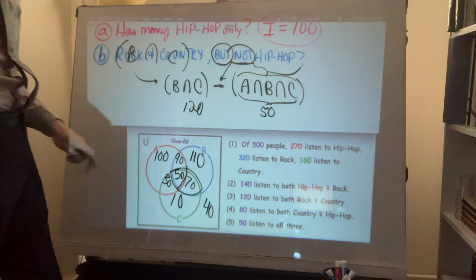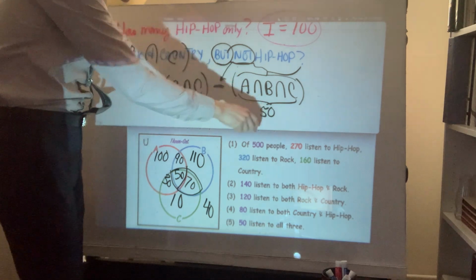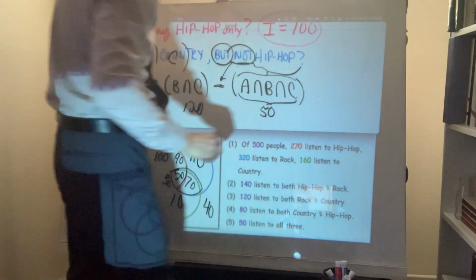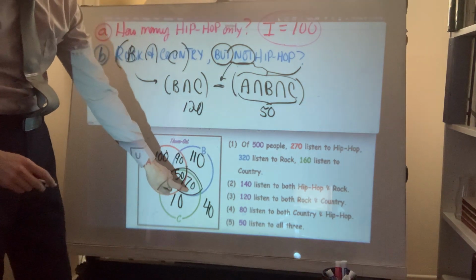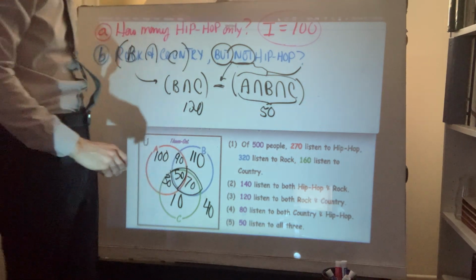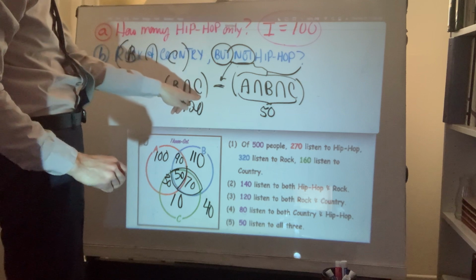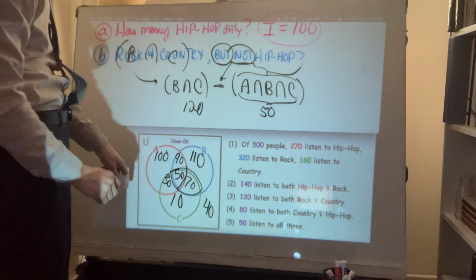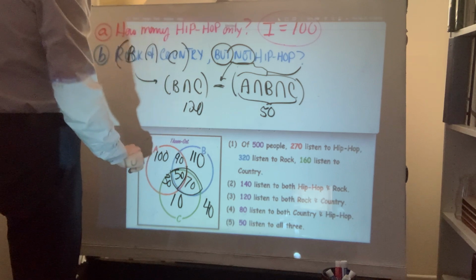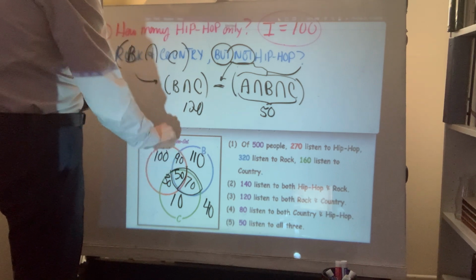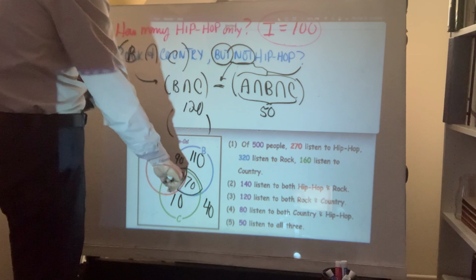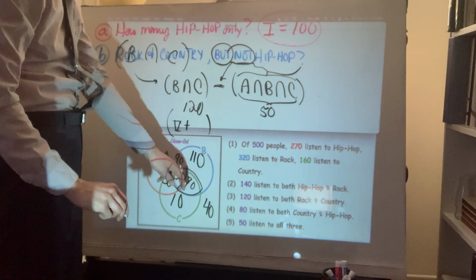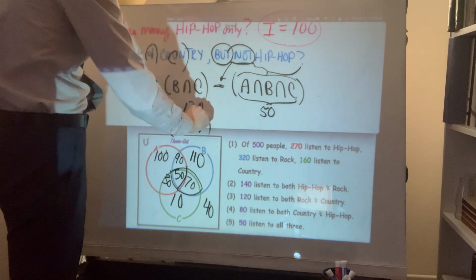So 120 minus 50 would give you what? It would technically be referring to region 6. If B and C, another way of writing it is basically the region that is 5 plus 6, that's backwards.